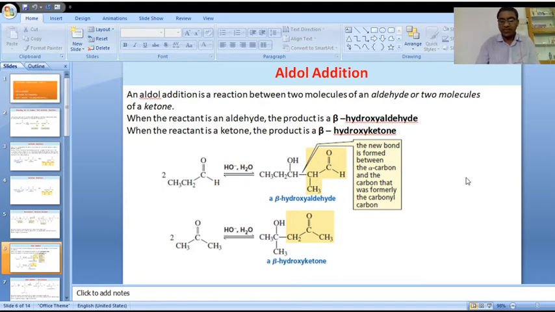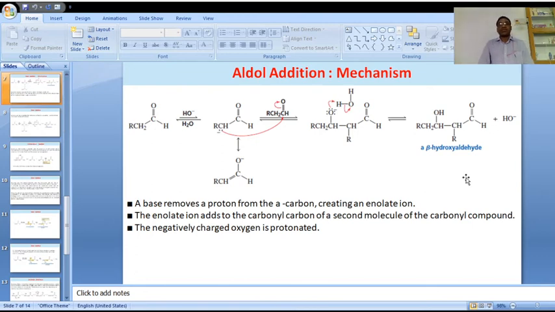Okay, aldol addition reaction. This is the clear mechanism of this particular aldol addition. This is the starting compound, the reactant, an aldehydic functional group, on reaction with a base.